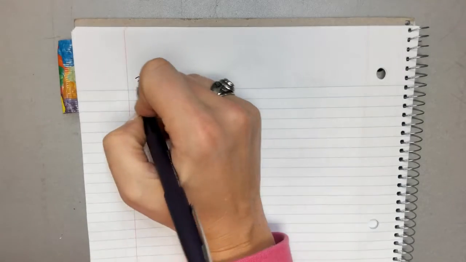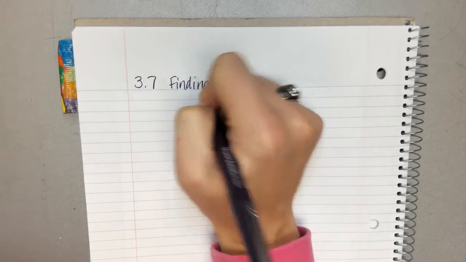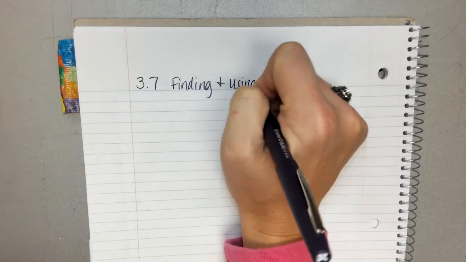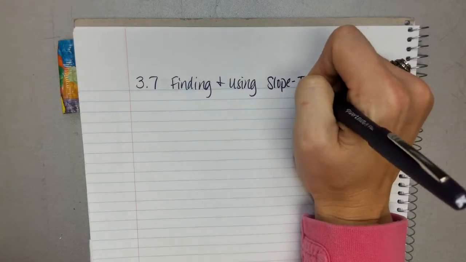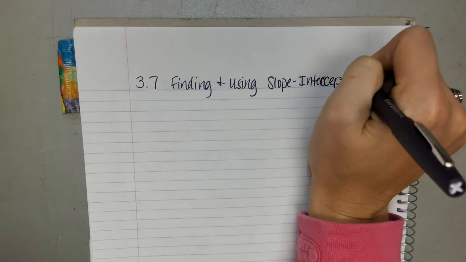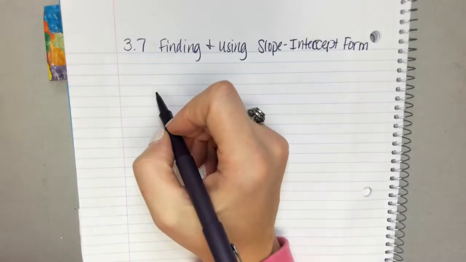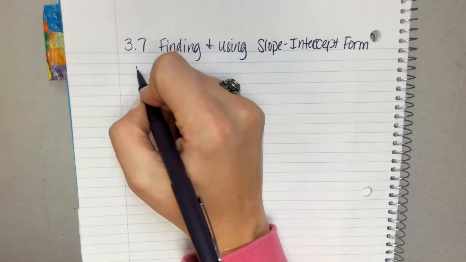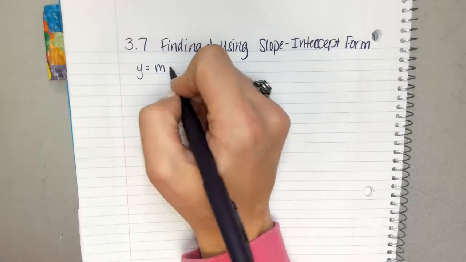Today is going to be lesson 3.7, which is finding and using slope-intercept form. Okay, so if you remember this guy, our slope-intercept form, y equals m, what?